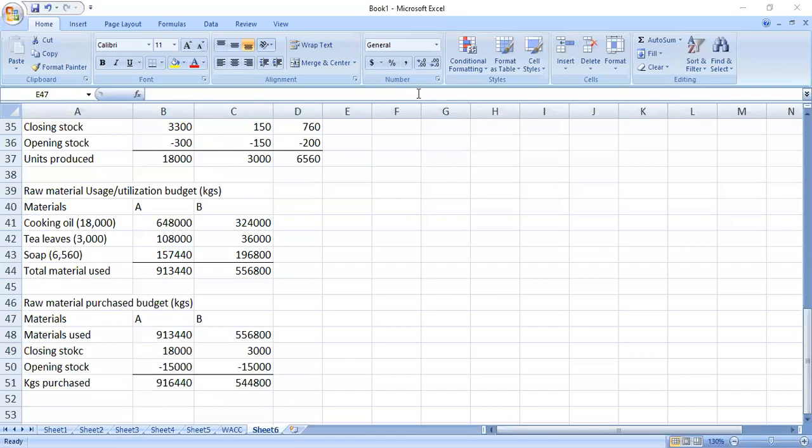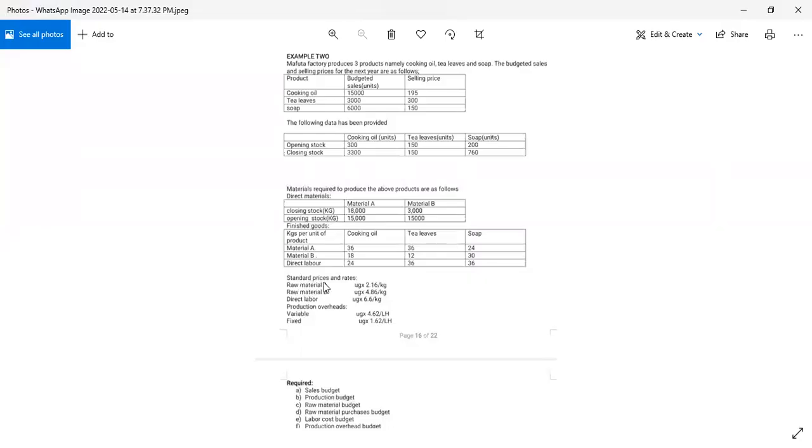So here they say that standard prices and rates are as follows. Raw material A is at 2.16 per kg. So that's the cost of each kg. Material B is 4.86.